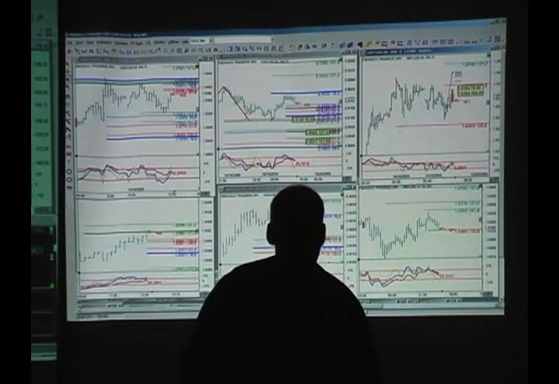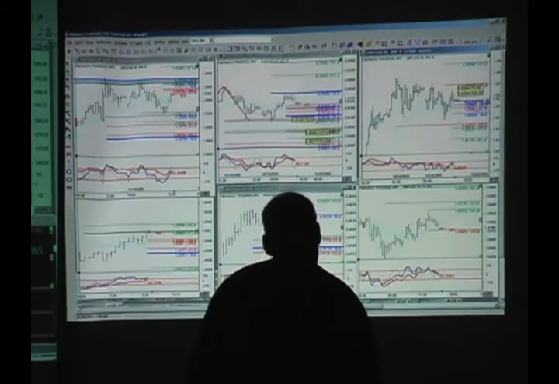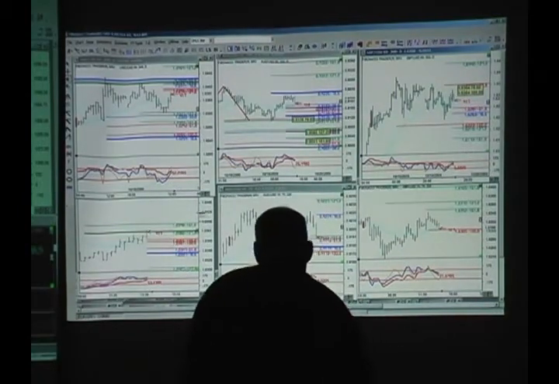Anything look like it's trending and smooth on a different Forex pair? Pound yen? Let me see.